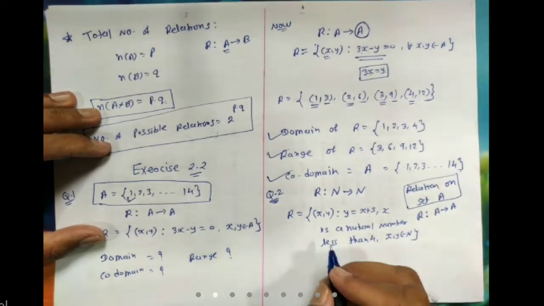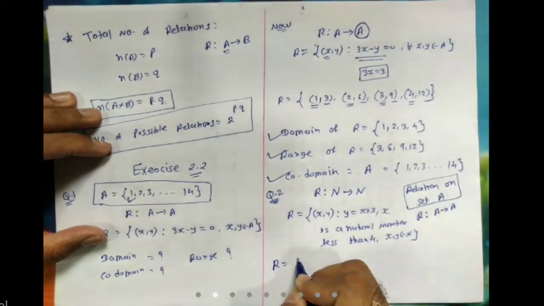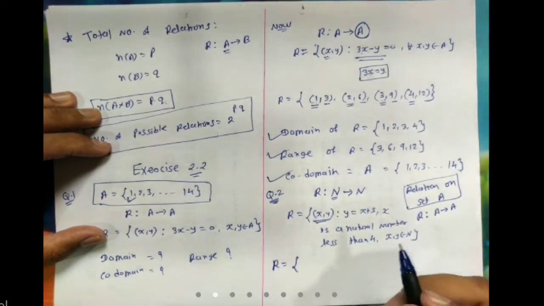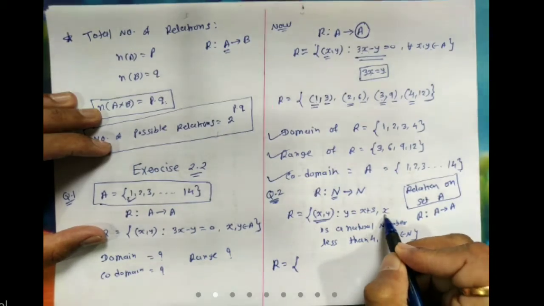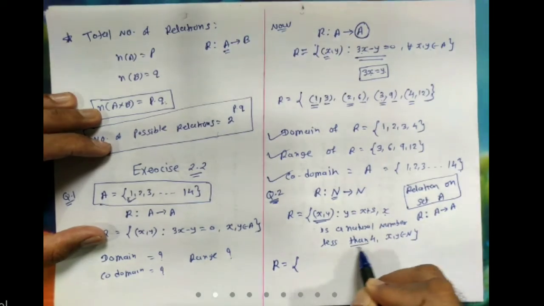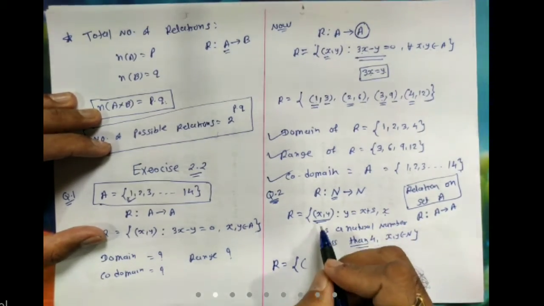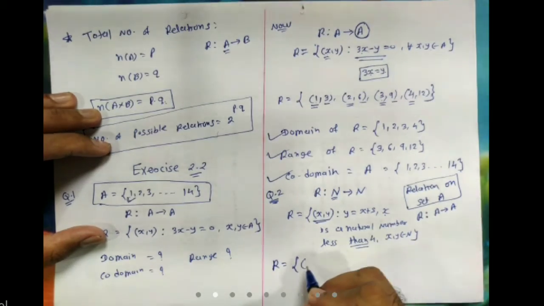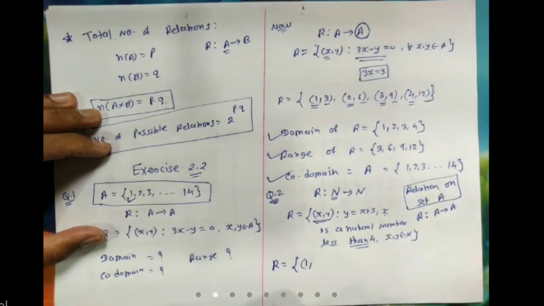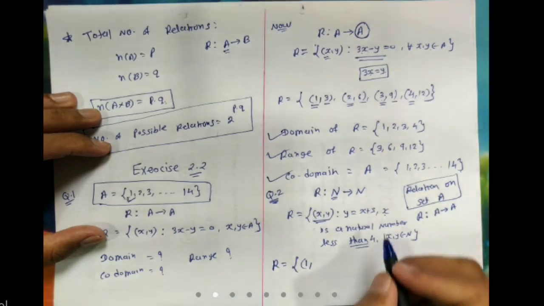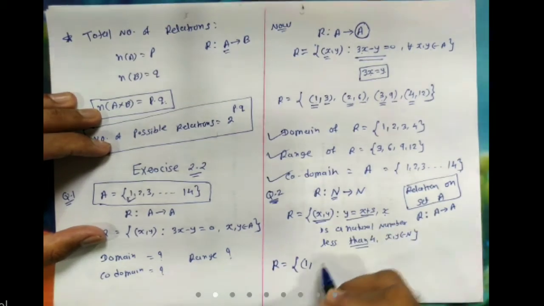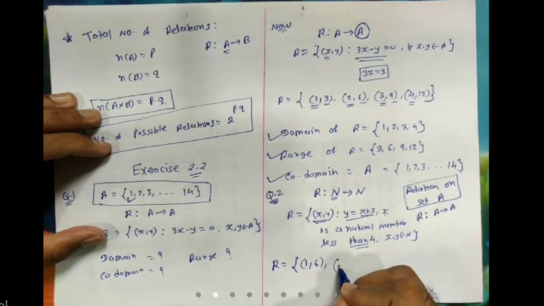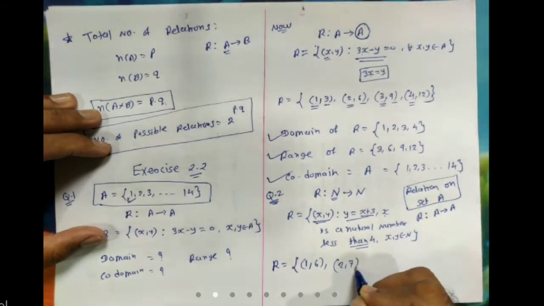So let's try to write the ordered pairs. Relation R is, you have to consider (x, y) where x and y both belong to natural numbers, and the condition is that the first element is a natural number and it is less than 4. So you have to take the first element less than 4. If you are taking x equal to 1, your y will be 6. If you are taking 2, y will be 7.